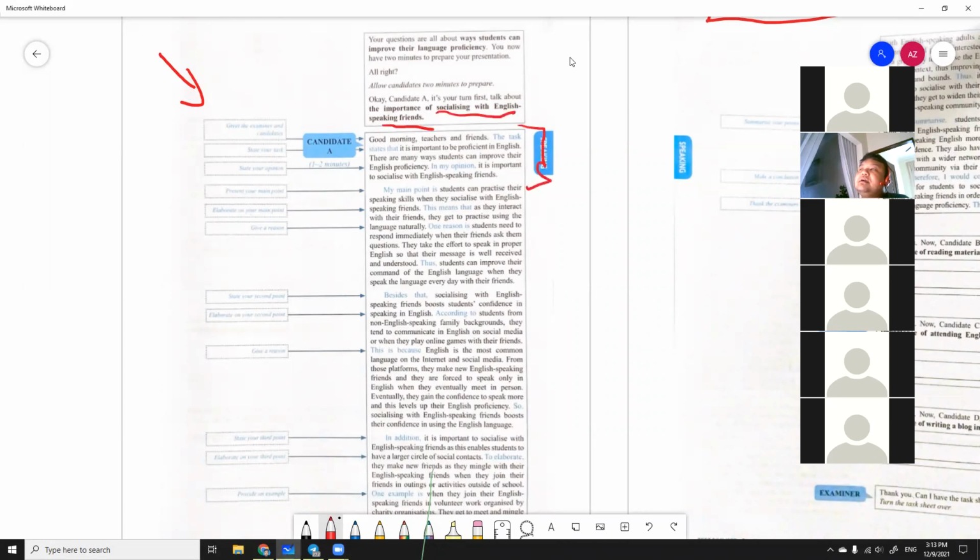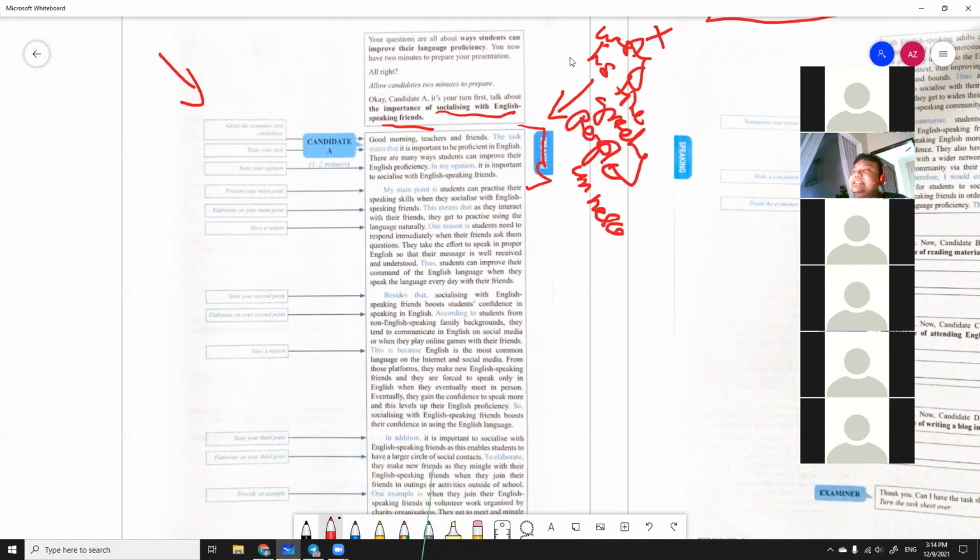So you see over here, good morning, teachers and friends. The task states that it's important to be proficient in English. Okay, can you see that candidate A is not actually wasting his time greeting people unnecessarily.